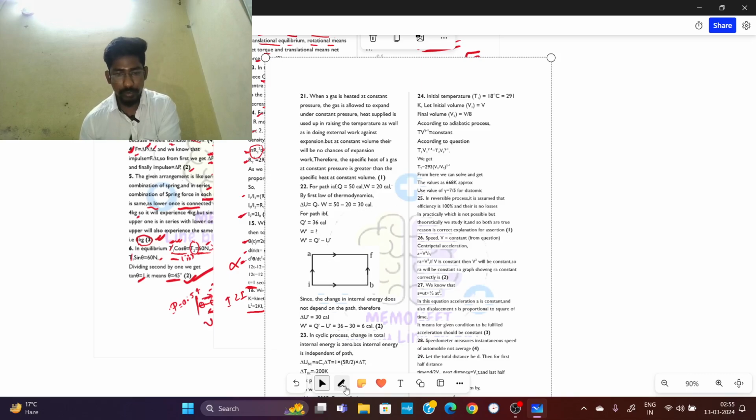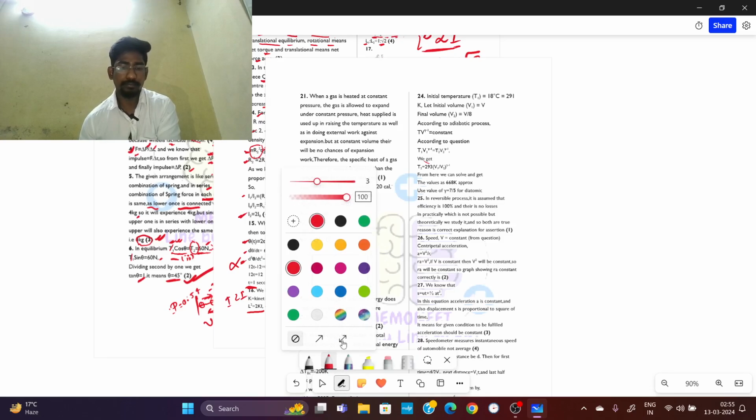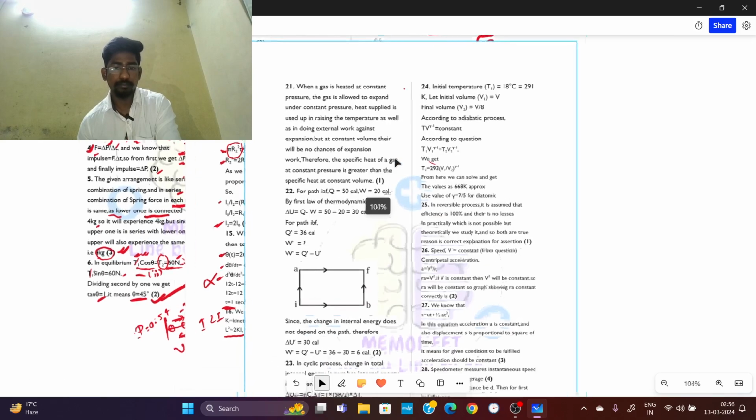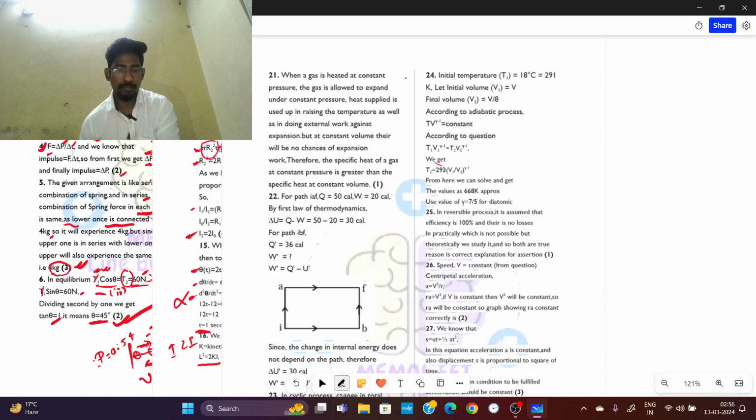So let's dig into the explanation. When a gas is heated at constant pressure, the gas is allowed to expand under a certain constant pressure.